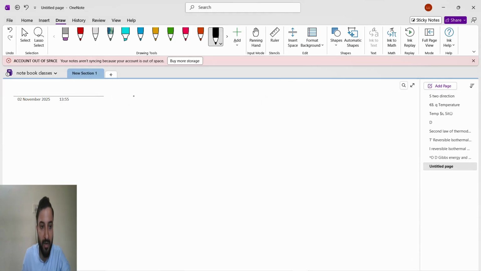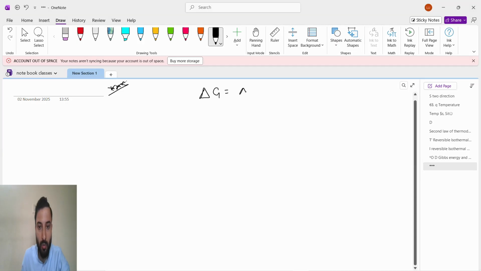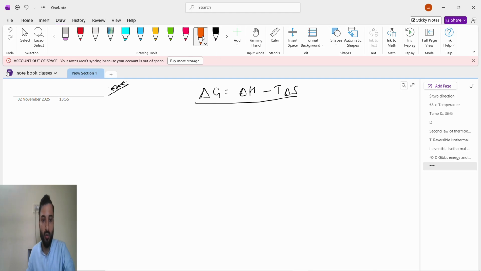After that we will write down, highly important guys: delta G equals delta H minus T delta S. See why, how I will show you. This is very very important.